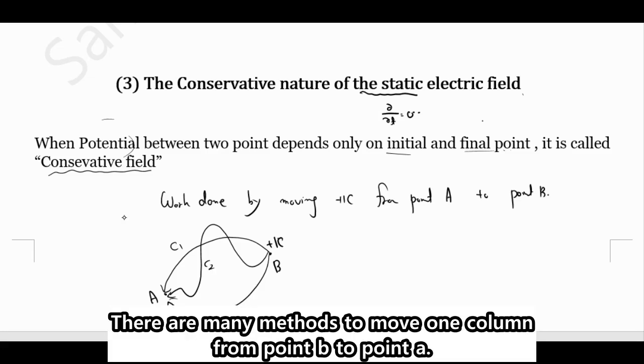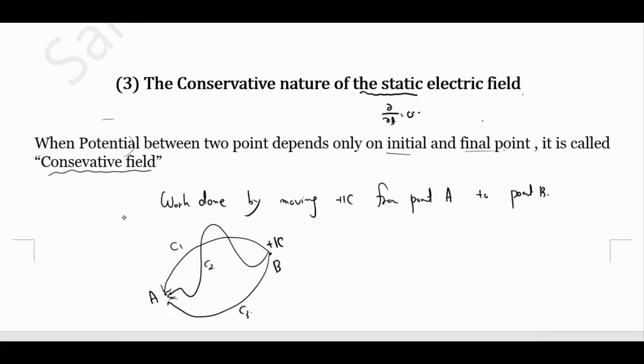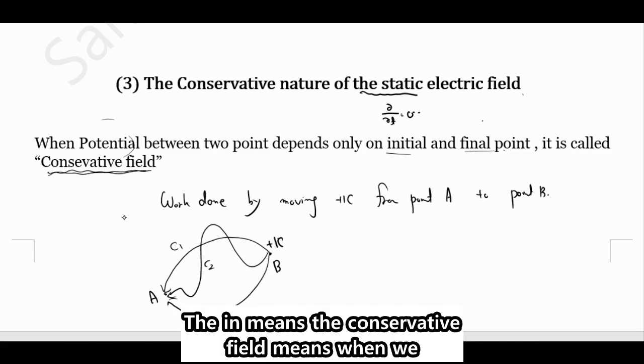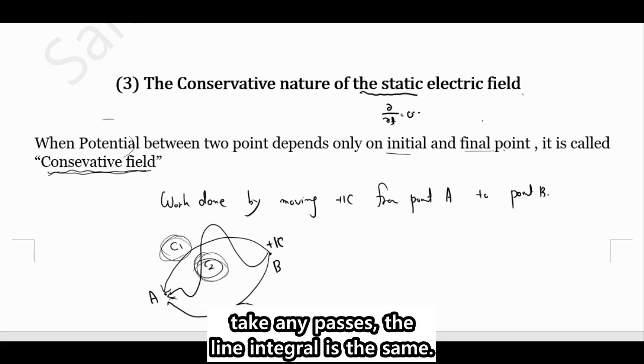There are many methods to move 1 coulomb from point B to point A. It means a conservative field means that when we take any path, the line integral is the same.